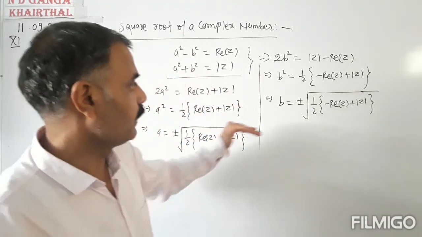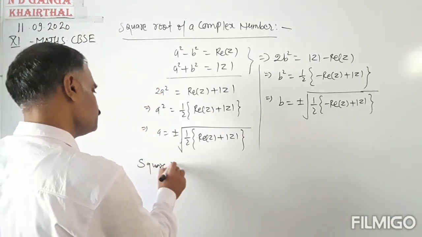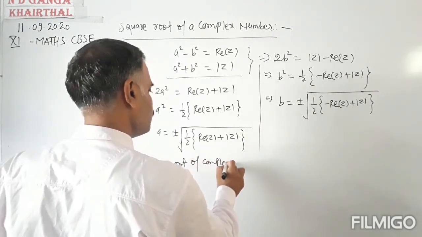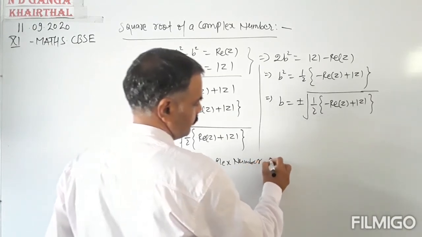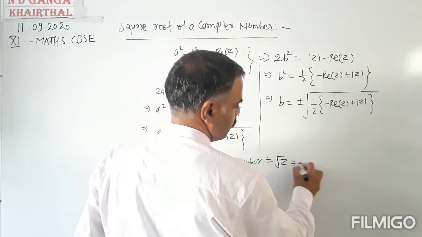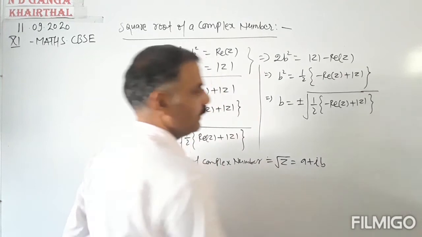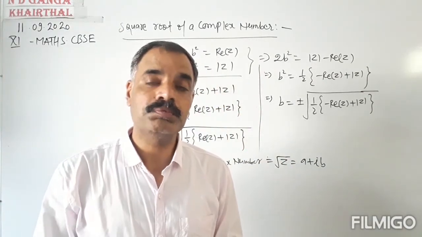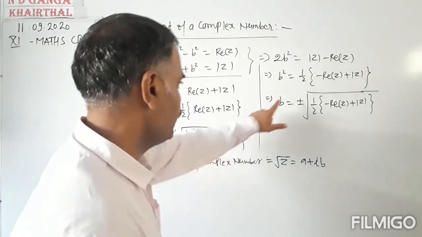Now the square root of a complex number, that is z. Under root z equals a plus iota b, from equation first. So a is this and b is this.